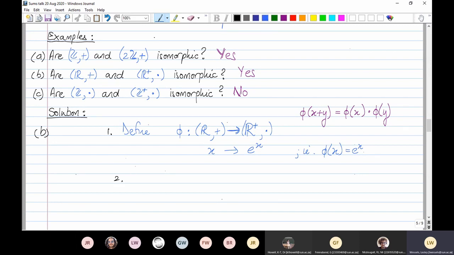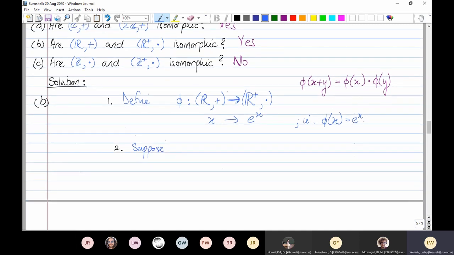So the second step is we want to show that this is injective. And this is normally how you show that a mapping is injective.